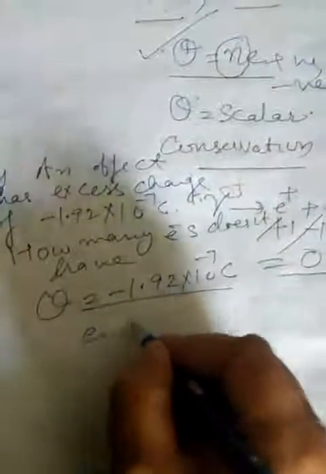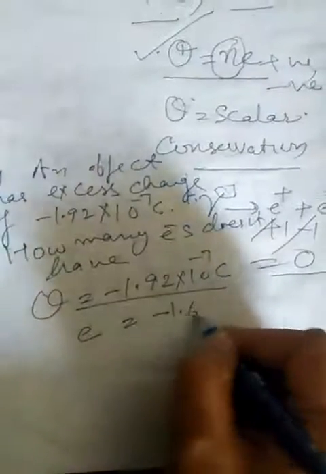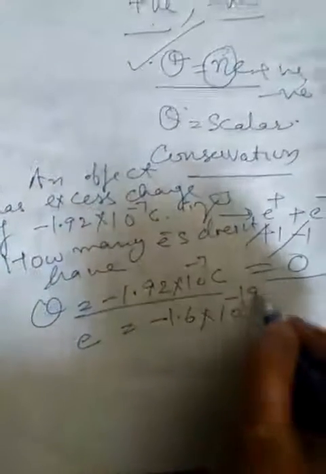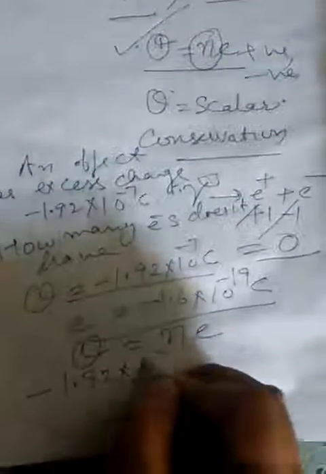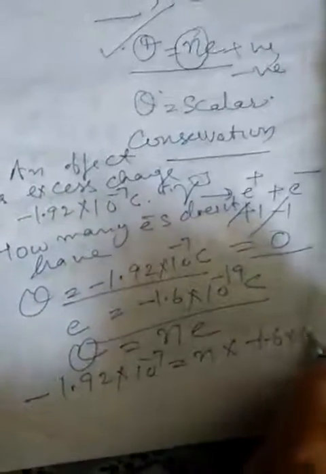Since we know the charge on an electron is 1.6 into 10 raised to minus 19 coulomb, that is the basic charge, we apply the formula Q equal to N into e. So minus 1.92 into 10 raised to minus 7 is equal to N into minus 1.6 into 10 raised to minus 19. The minus sign gets cancelled.